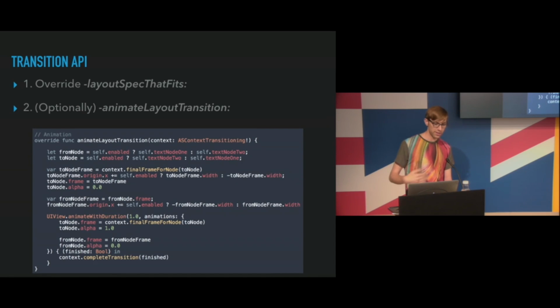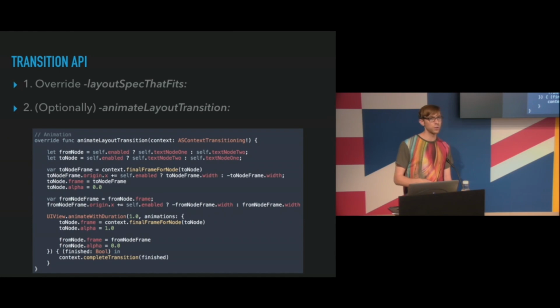So the next step, once you have a layout spec that fits method, you can implement, optionally, a custom method to control the specific position and other values of every individual element. You can do really powerful things with this.